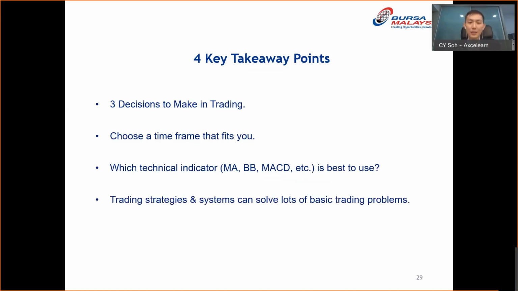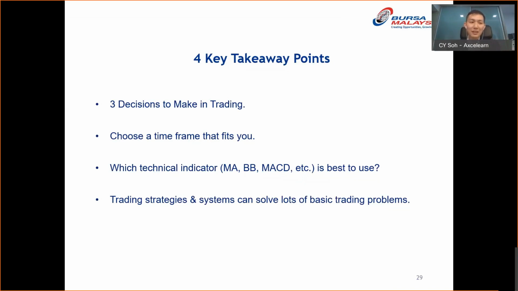And the last key takeaway for you is that we have already gone through the 3 key elements in trading for you to develop and make your own unique trading method. With these 3 key elements, you are able to build your trading strategies as well as your trading systems. And this has really solved lots of your trading problems already.